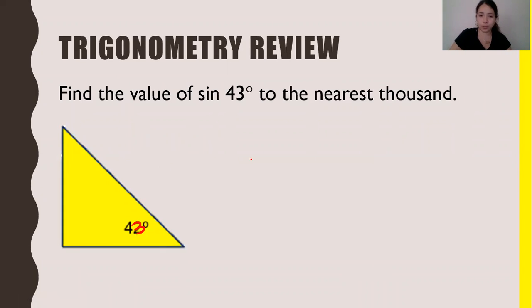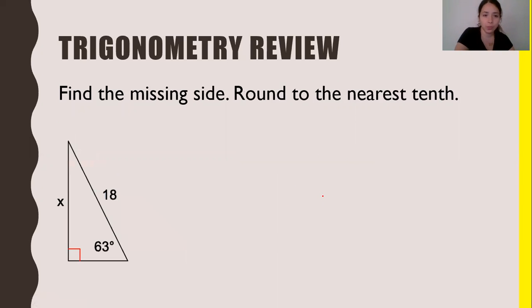You plug that in and you should get, and then there's actually a 9 after it. If you were to round it, let's say to the 10th place, remember this would go up, so it would be 0.7. It just depends on where you're rounding to.